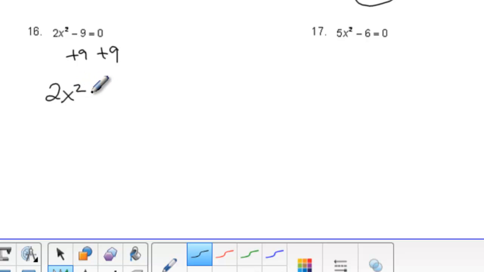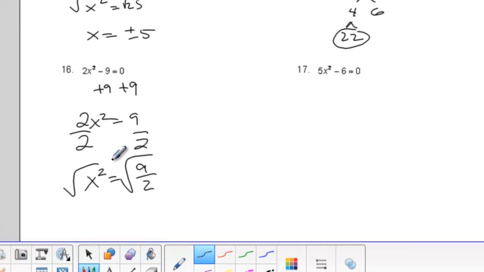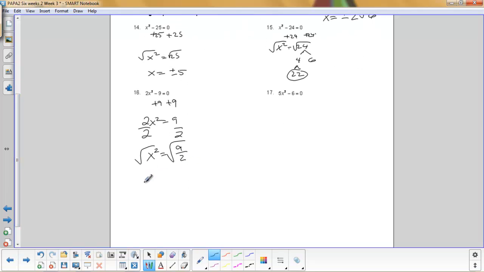2x squared equals 9, divide by 2, and now I get x squared equals 9 over 2. Square root both sides, and I can rewrite this using two separate radicals.